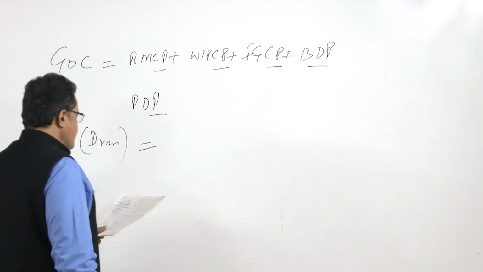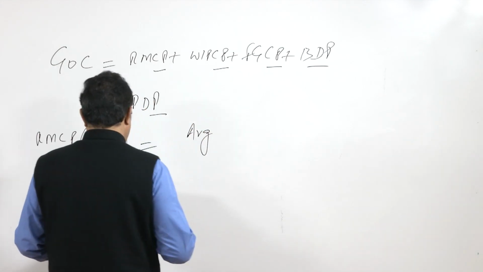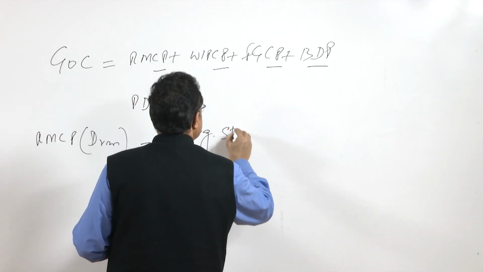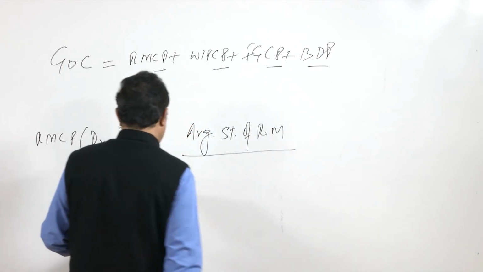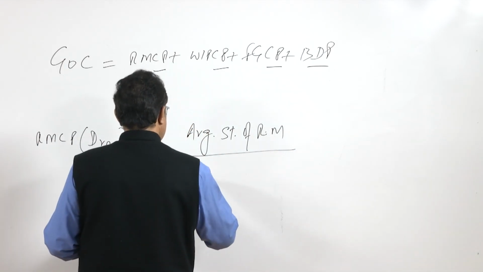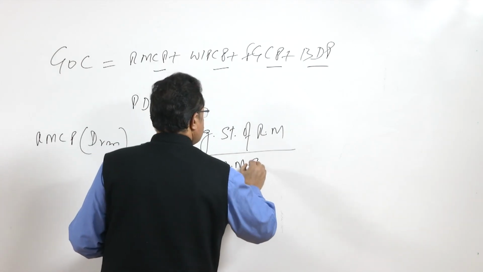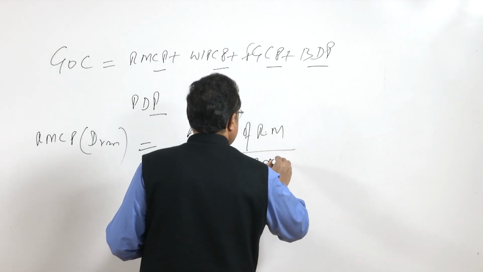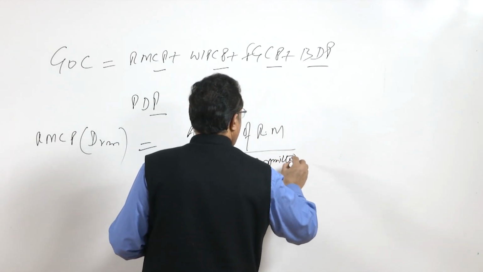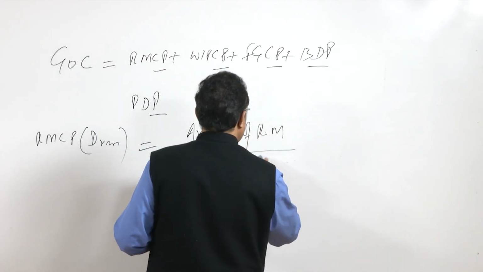You can calculate this duration with the help of this formula: average stock of raw material divided by average raw material committed per day.